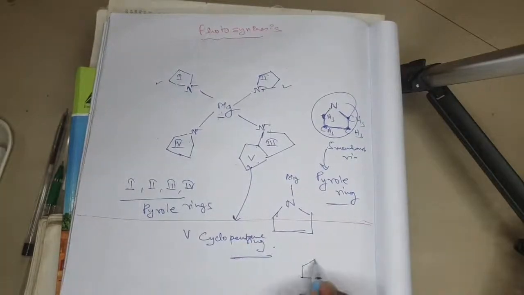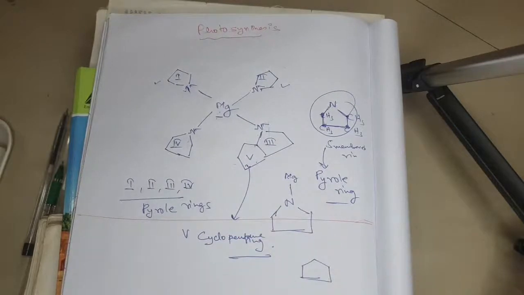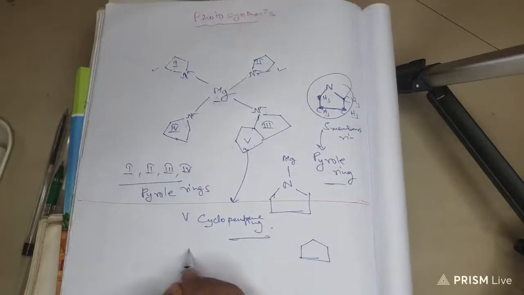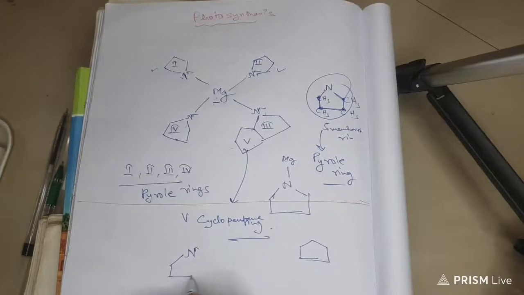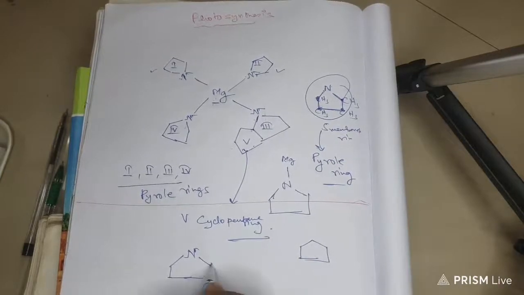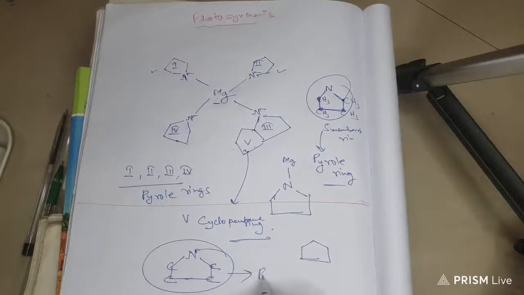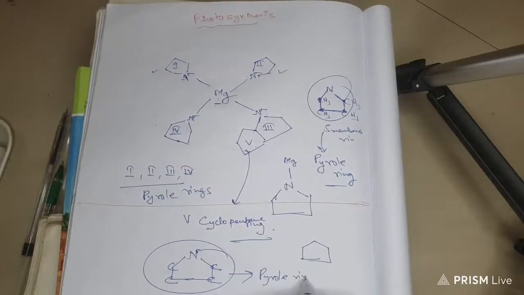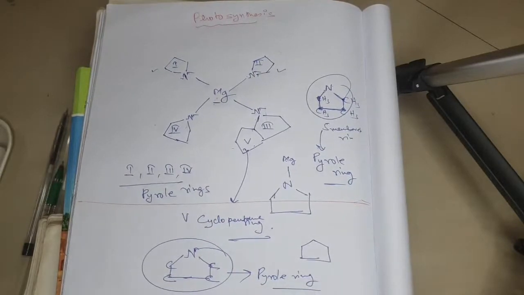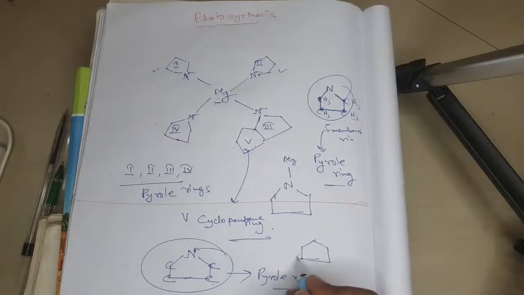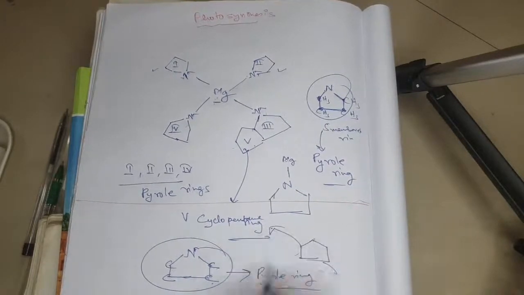This is a normal cyclopentane ring. You will call it a pyrrole ring if there is nitrogen and then the ring is there like this: here C, here C, here C, here C, and here N. Then it is known as a pyrrole ring. Remember that. But if it is normal, then it is a cyclopentane ring.